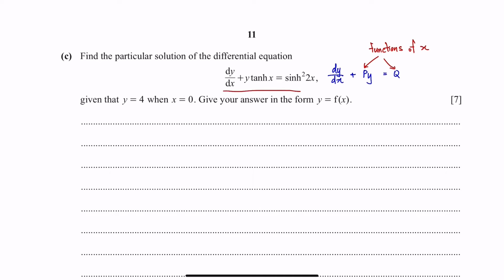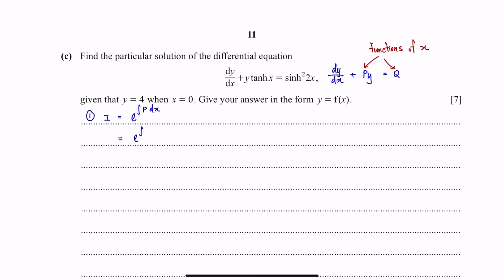So this is already in this form, so we don't have to rearrange it. So we can start with the first step, to find the integrating factor. The integrating factor is basically e to the power of the integral of p.